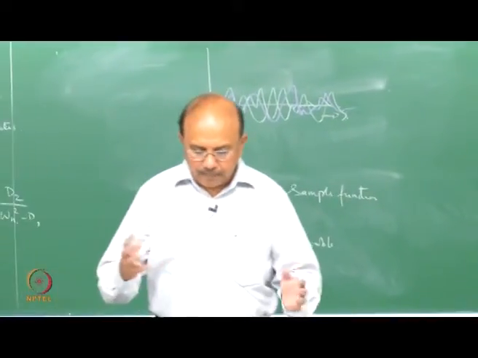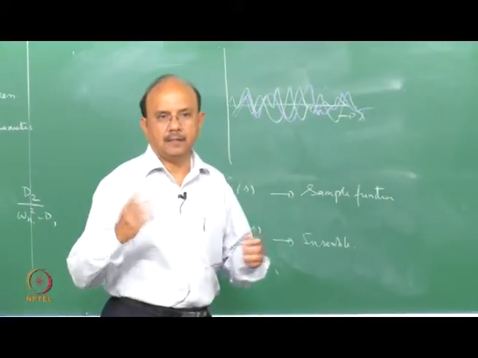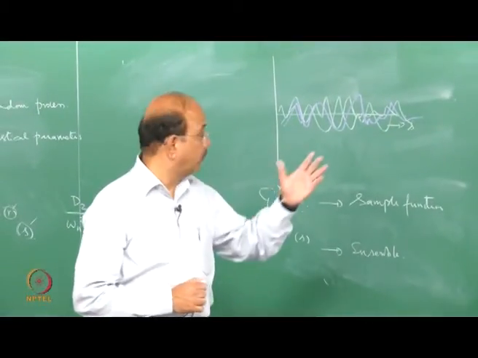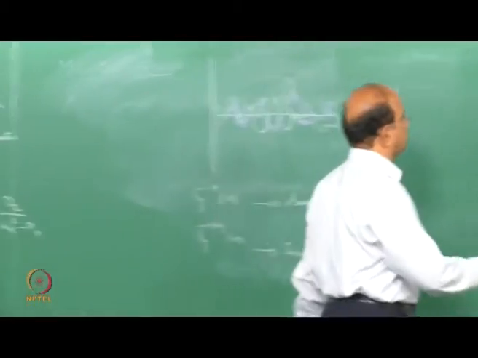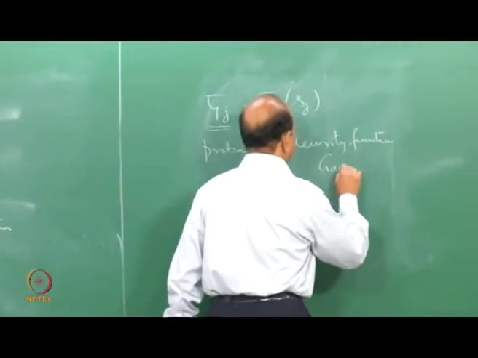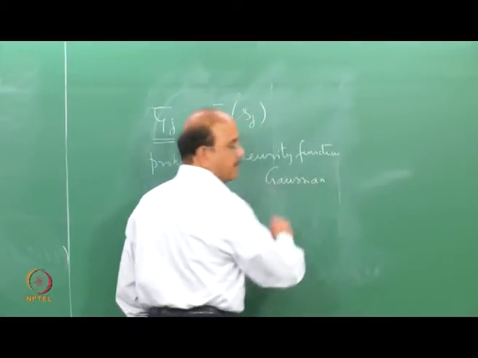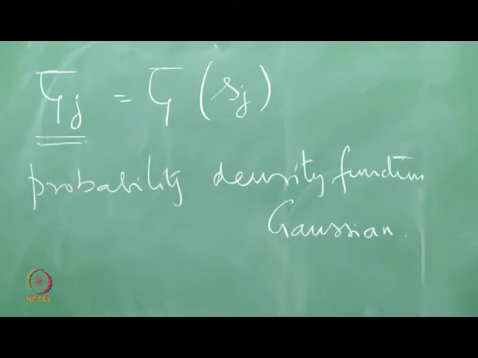A number of probability density functions are possible. One of the most popular is the Gaussian function, the Gaussian distribution function.